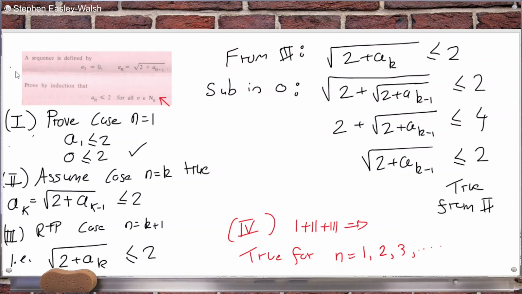So we have the formula a1, which is 0, equals root 2 plus a0. So that would mean a0 is minus 2. So if we had to start at a0 instead of 1, it's still true because minus 2 is still less than or equal to 2. So yeah, it's also true starting from 0 as well if we had to include the 0. Okay, let's leave that there.